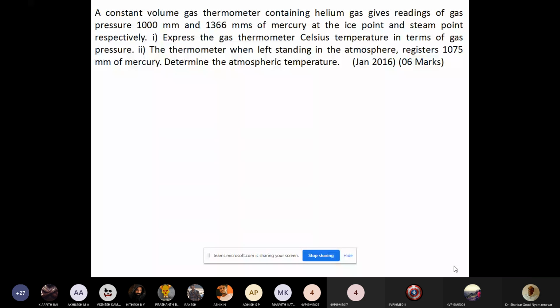Try to solve this problem. How to solve this? Can anybody explain? Are you able to solve this? You have to tell me. If you are not able to solve, you have to tell me.